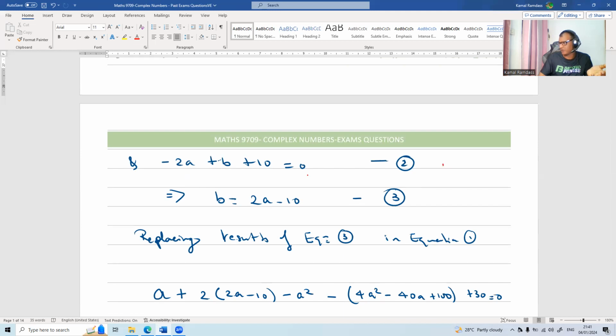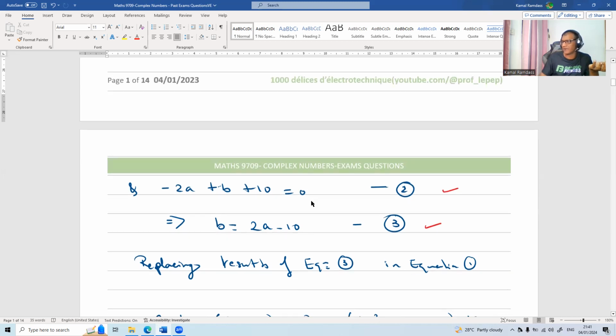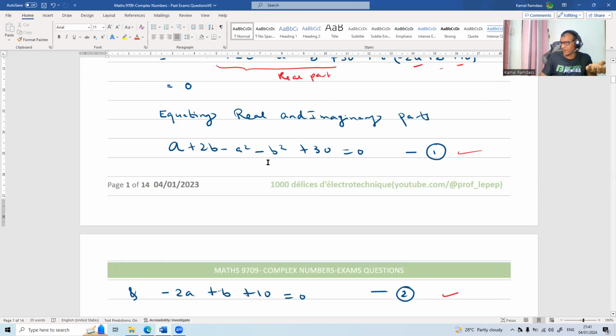Et on manipule équation 2 pour gagner b in terms of a. B is equal to 2a minus 10. On appelle l'équation 3. Et là, on dit replacing results of equation 3 in equation 1. On substitute b is equal to 2a minus 10 in equation 1.